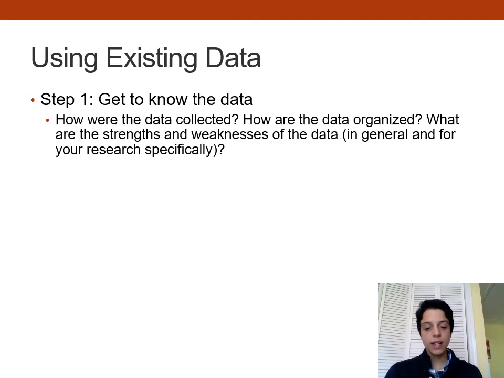A strength, as I mentioned, is often that you can get really good representative samples. Weaknesses are often that you'll be missing measures that would be helpful to include in a study, or things won't be measured the way that you want them to be. And again, what those strengths and weaknesses are will depend on the data set that you have.